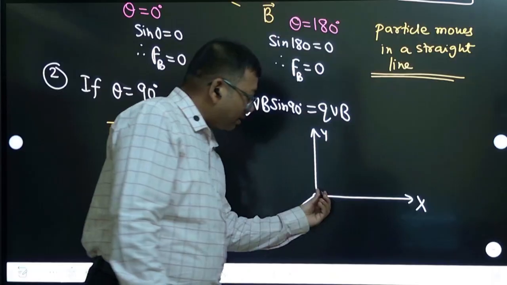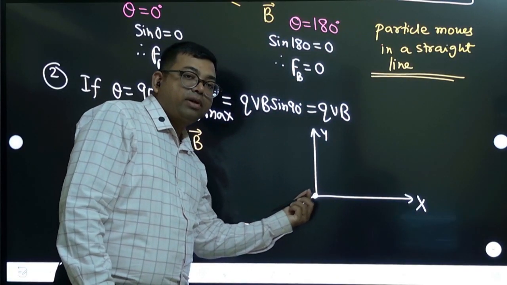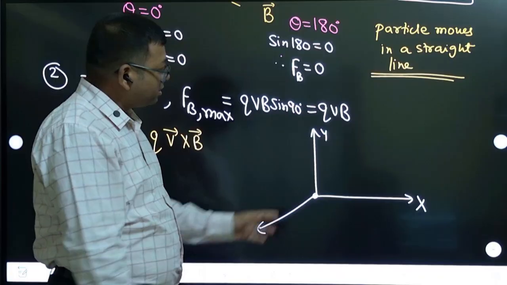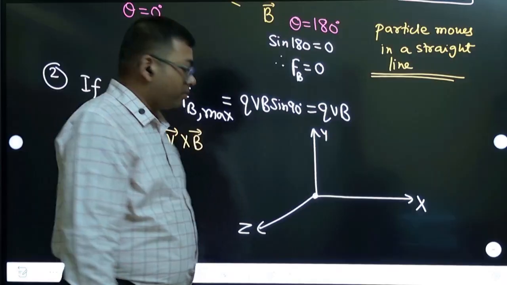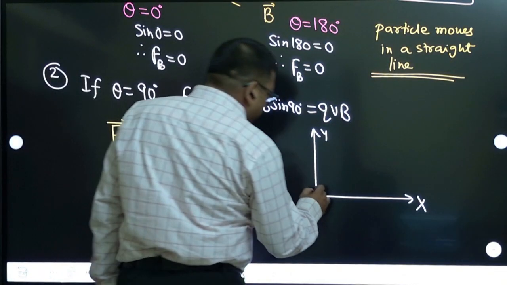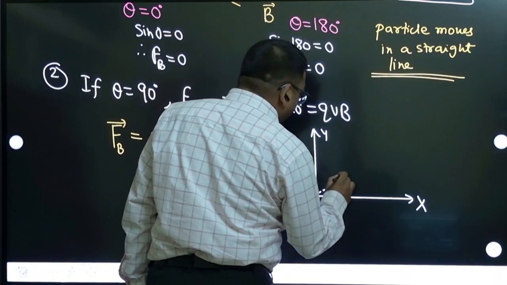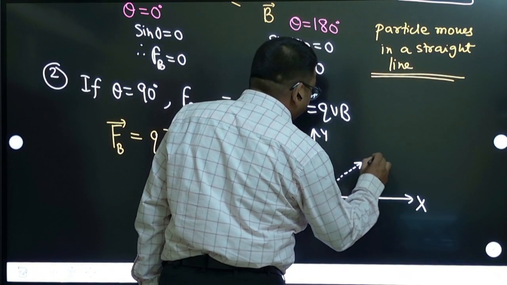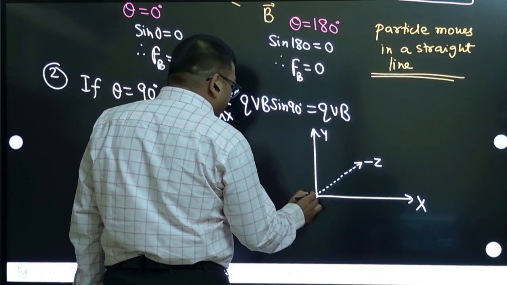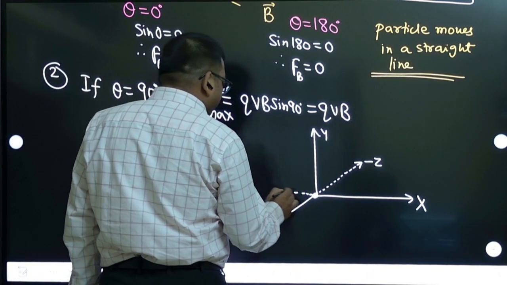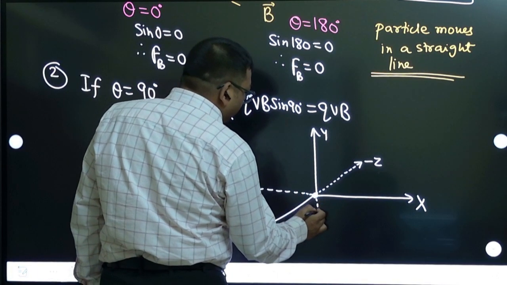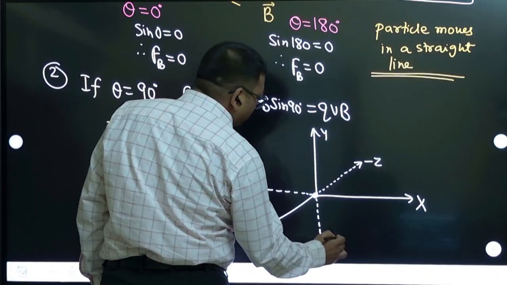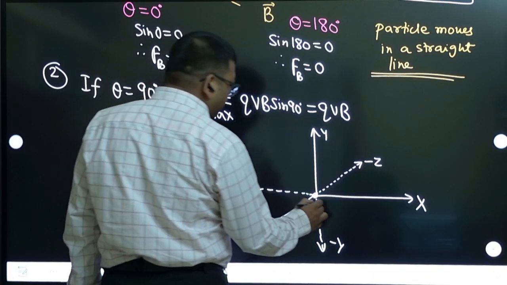So we show the z-axis like this, which means it is out of the plane. The z-axis is coming out of the plane, so the negative z-axis is going inside. Negative x-axis will be coming this side, and negative y-axis is going downward. This is the origin.